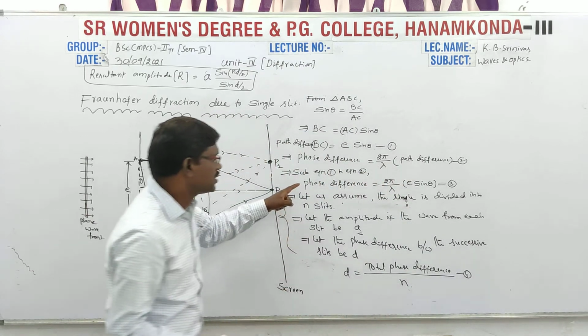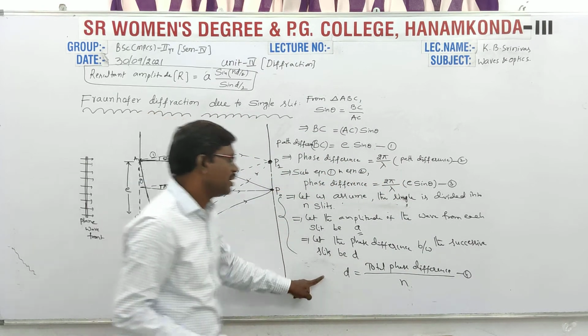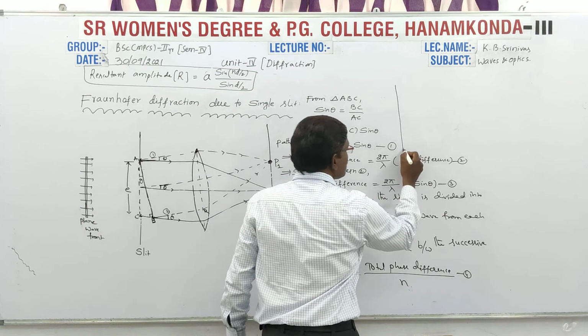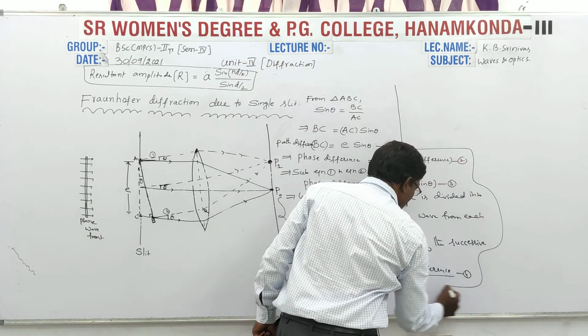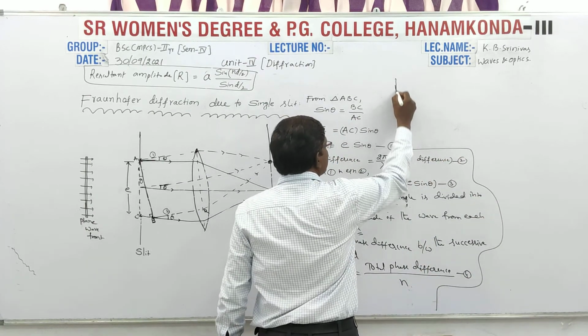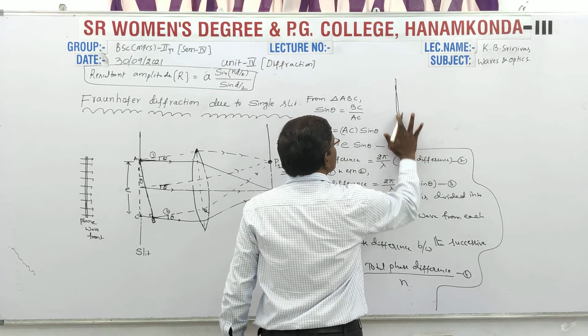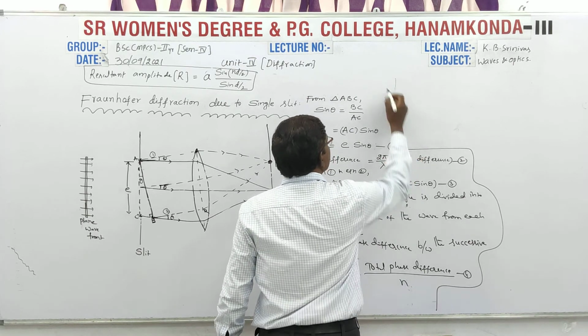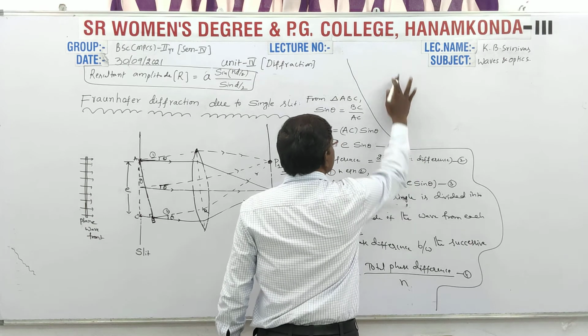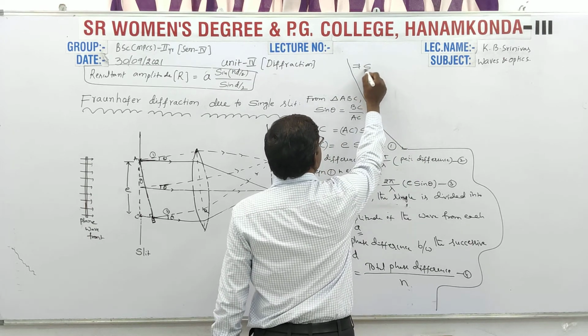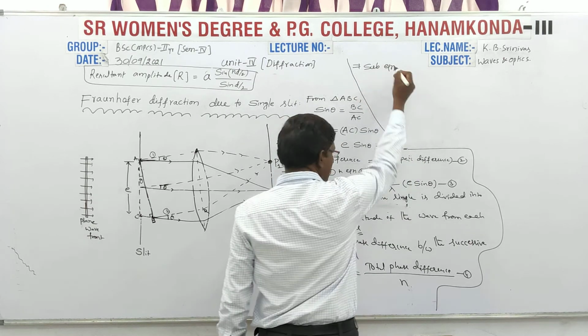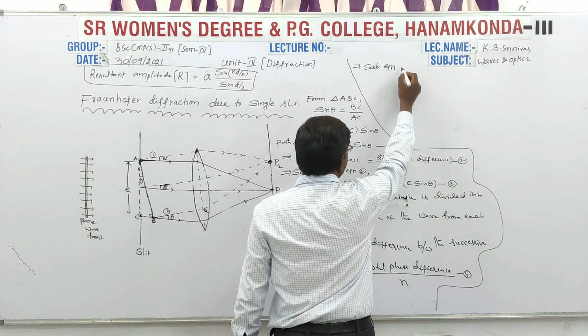So just substitute equation 3 in equation 4. Here I want to calculate the phase difference between neighboring or successive slits, so I am substituting equation 3 in equation 4.